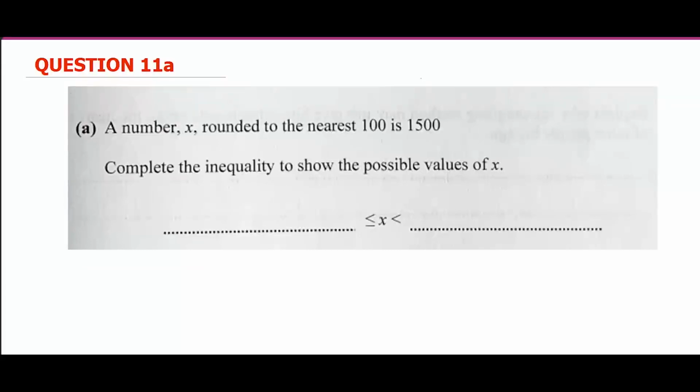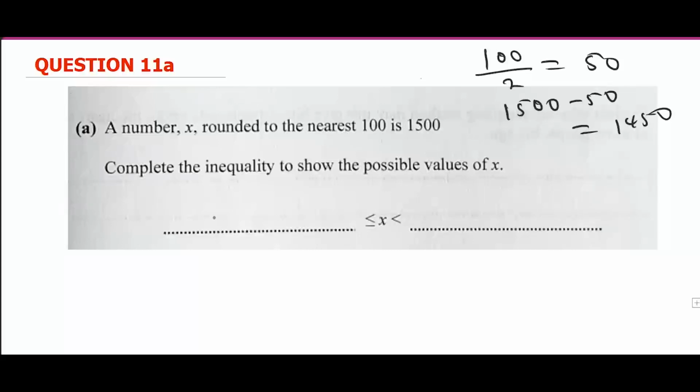Since the number is rounded to the nearest 100, let's divide 100 by 2. If you divide 100 by 2, you will get 50. So to get the lower bound here, you have to take away 50 from 1500, and that will give us 1450.